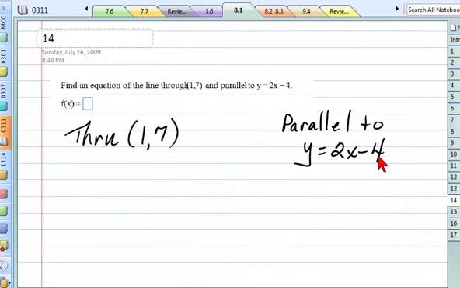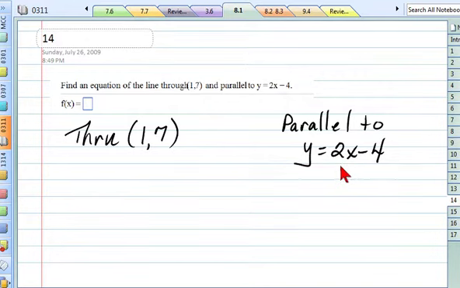Slope. Now, the slope is not going to come from the information about the point. The slope is going to come from the information about being parallel to this line. What do you know about parallel lines? The same. Parallel lines have the same slope.